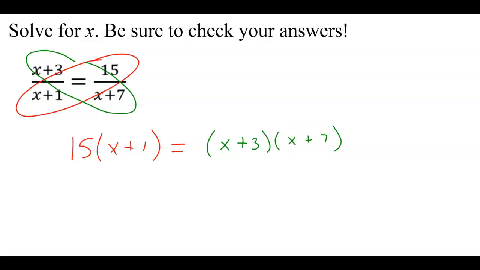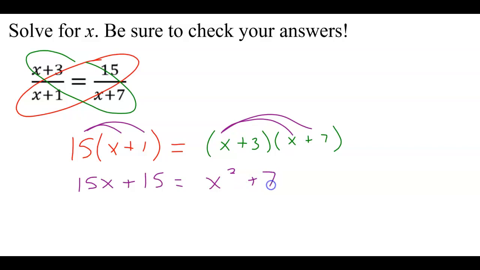So on the left, we're going to need to distribute, so that'll be 15x plus 15. Now on the right side, a binomial times a binomial, we're going to have to FOIL this out. So x squared plus 7x plus 3x plus 21.